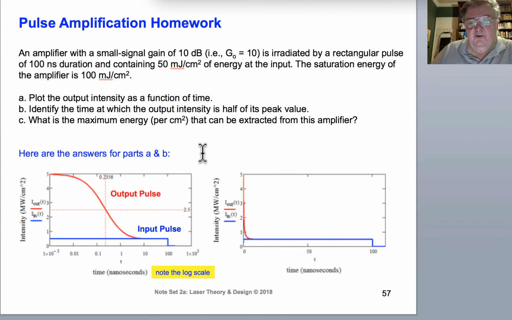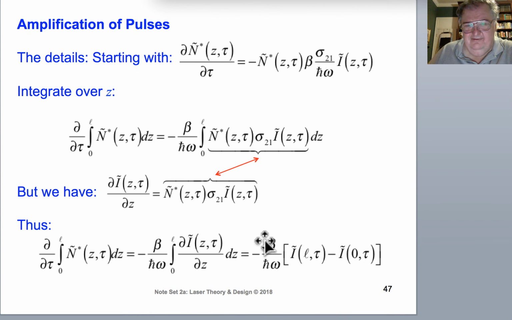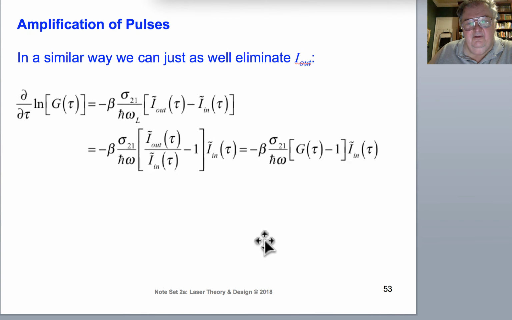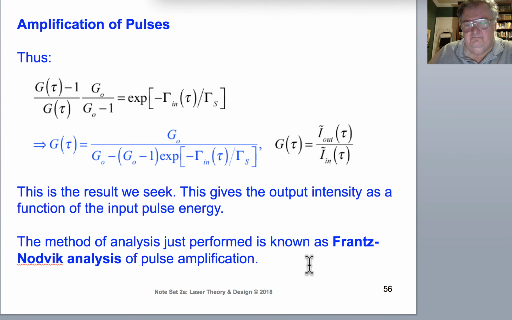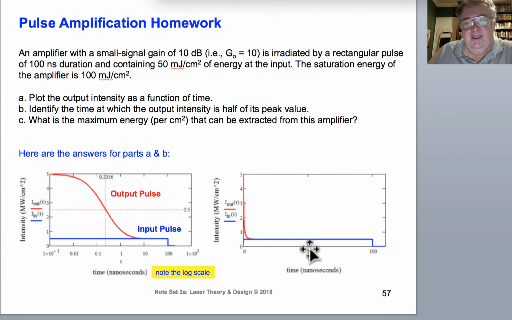Well, as I said, here's the answer. Here, the blue is my input pulse, my nice simple rectangular pulse as a function of time. Look what happens. This pulse is intense enough so that at the very beginning, it burns down entirely the inversion density.